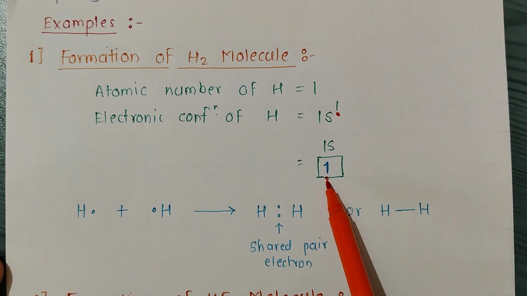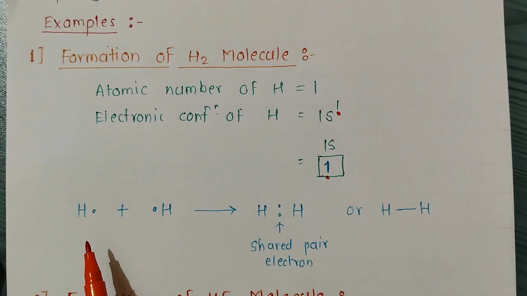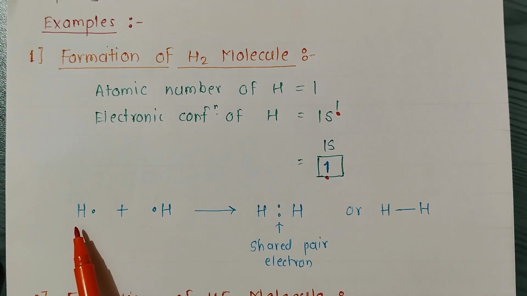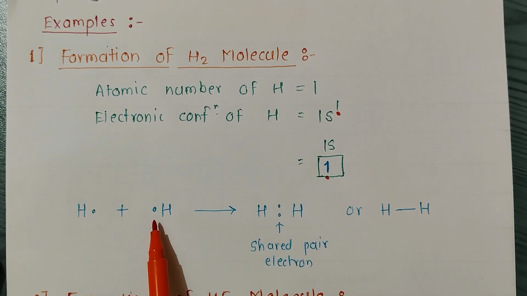So this hydrogen combines with another hydrogen having the same 1 electron, means this hydrogen shares 1 electron with the other hydrogen, so both get 2 electrons and complete their 1s orbital. So how does this happen? See, here this is a hydrogen atom with a single electron, and it combines with another hydrogen containing a single electron.